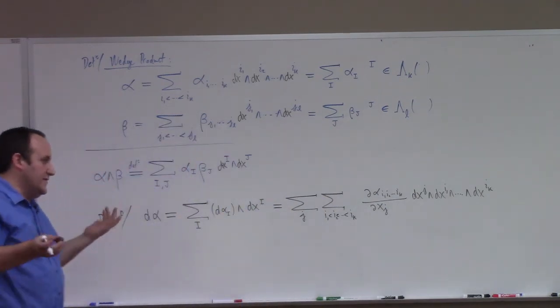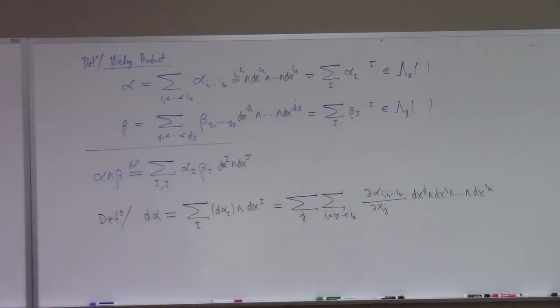So all that formula says is you take the total differential of the component functions, and you wedge it with the wedges which are already there. In the context of a manifold, you can prove that this is a coordinate-independent construction despite the apparent dependence on coordinates. I won't do that.